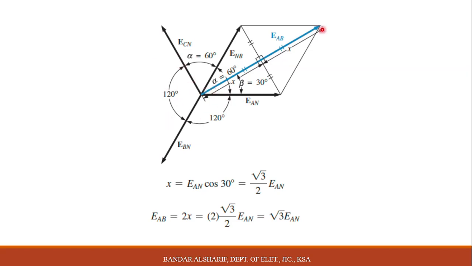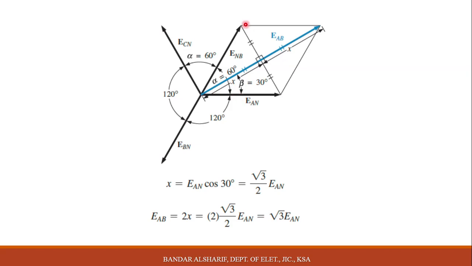We draw only one line value, EAB, between EAN and ECN, 120, 60 plus 60. And between EAN and EAB, it is 30 degrees, since 60 divided by 2 gives the beta angle between the line and phase, 30 degrees.